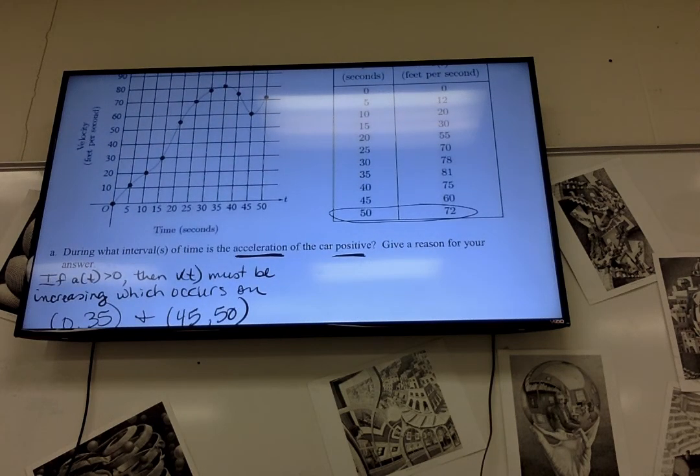So you could use, say, from 35 to 45. You could use those 2 points as an approximation for 40. You could also use, as long as you show your work, say, 35 and 40. You could also use 40 and 45.